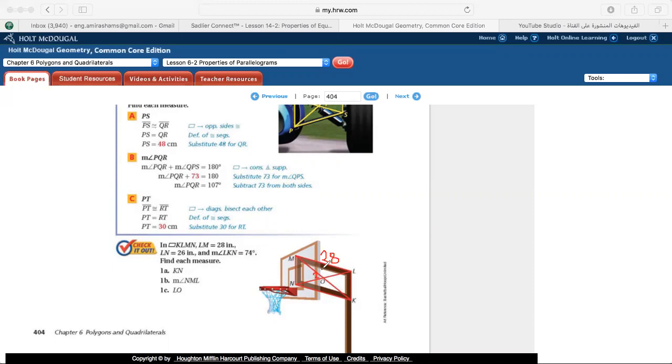And the measure of angle LKN is 74. LKN, all of it is 74. Okay, find each measurement.